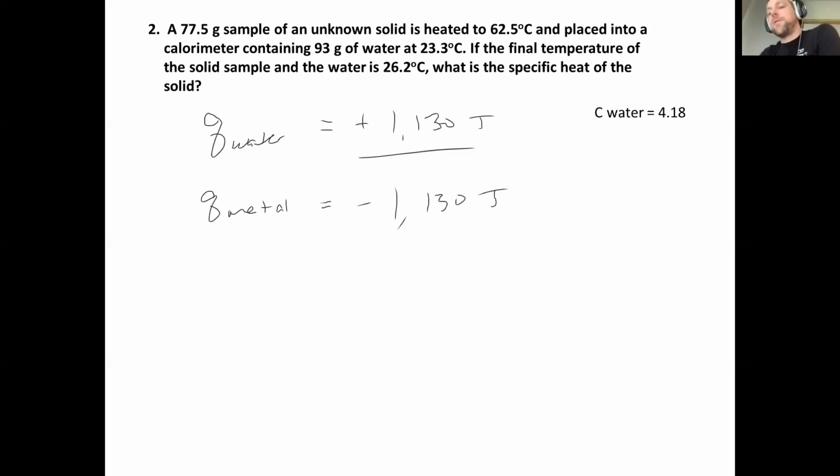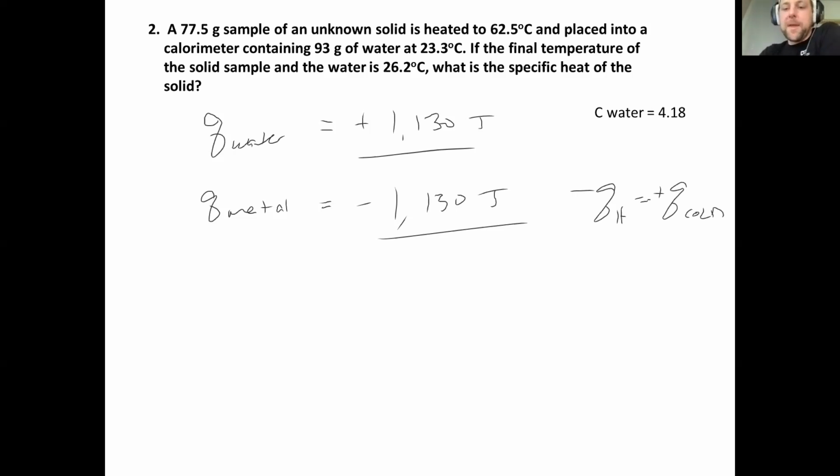So now we have a Q value of the metal that we got from the Q value from the water. Equal and opposite. And this goes back to one of the relationships that I lectured about. The negative Q of the hot substance equals the positive Q of the cold substance. This applies when you have two substances, you put them into contact, and they exchange heat between each other.